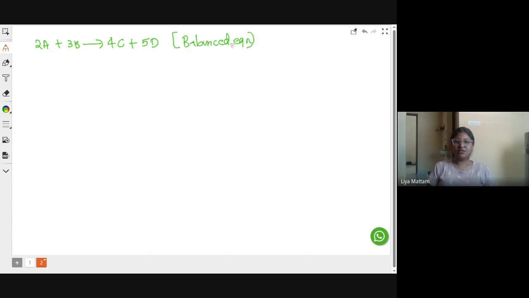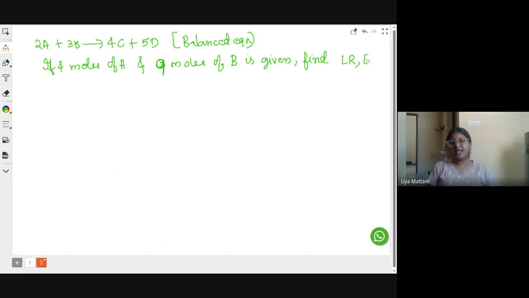And the question is, if 4 moles of A and 9 moles of B are given, find the limiting reagent, excess reagent, as well as the amount of C formed. This is the question.